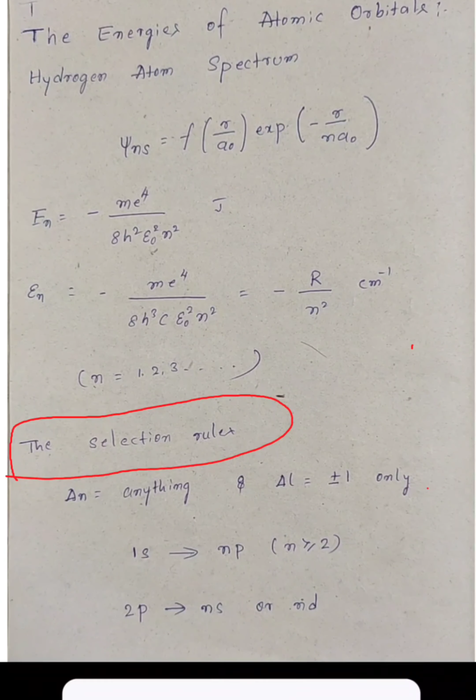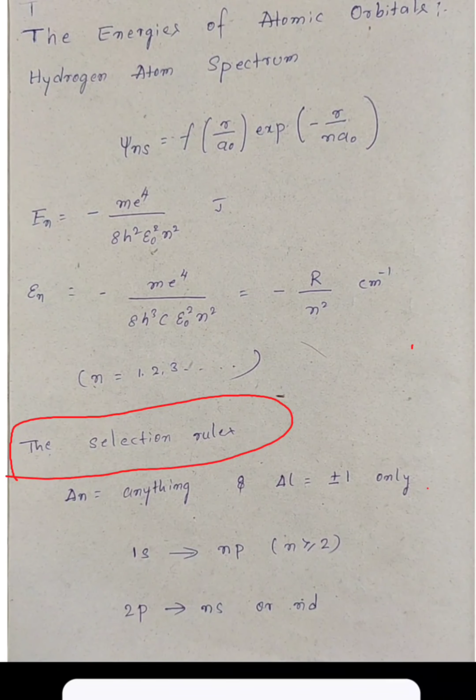So here there are two quantum numbers involved in the energy equation. First is n, the principal quantum number, and L is the angular quantum number or azimuthal quantum number. These two are involved in the energy equation.